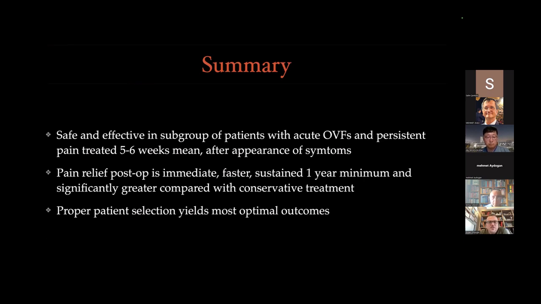What is the summary of vertebral augmentation of osteoporotic fractures? It's safe and effective in a subgroup of patients with acute osteoporotic vertebral fractures. It is used if conservative treatment is not successful after 5 to 6 weeks.